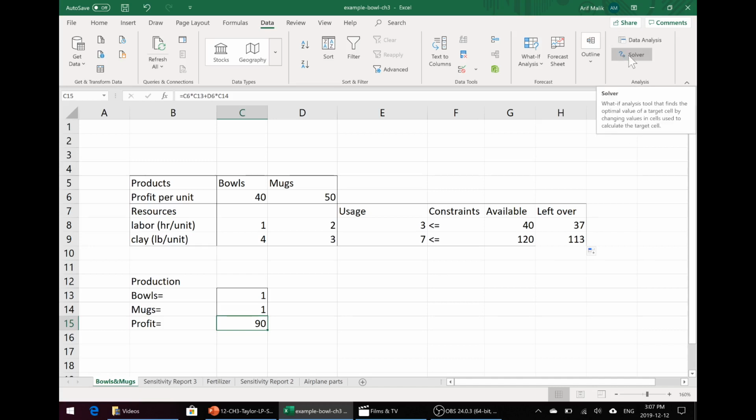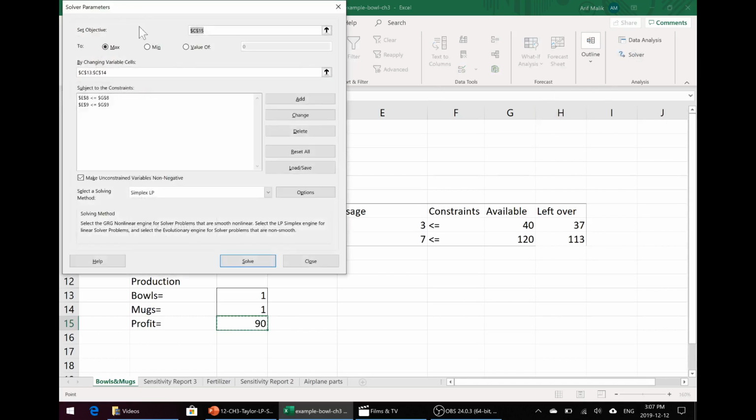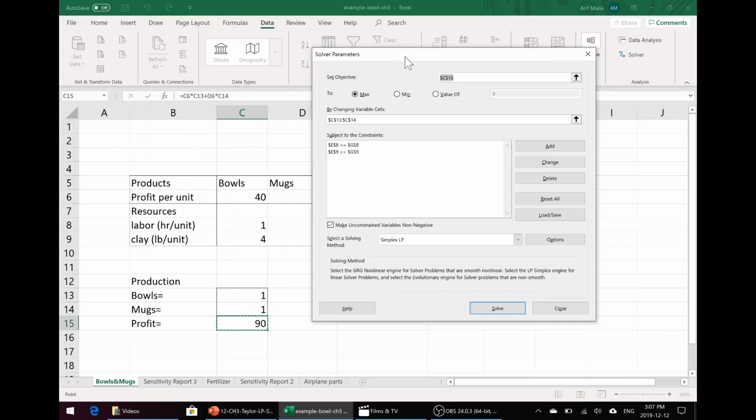Now when we go to Solver, I have put the cursor on the profit, where we want to get our answer, so that Solver sets the objective function, and it is saying C15. So that is fine.